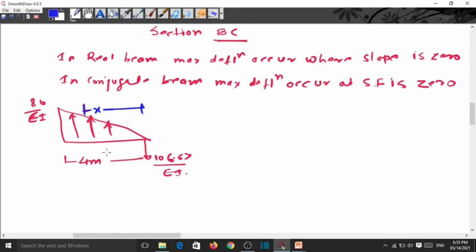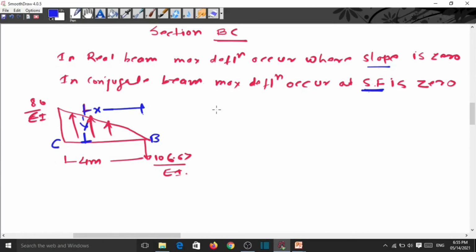We have to make the shear force equal to 0, because slope is replaced by shear force in the conjugate beam. So we make the shear force at any distance x between B and C equal to 0. Suppose this height is y at a distance x.